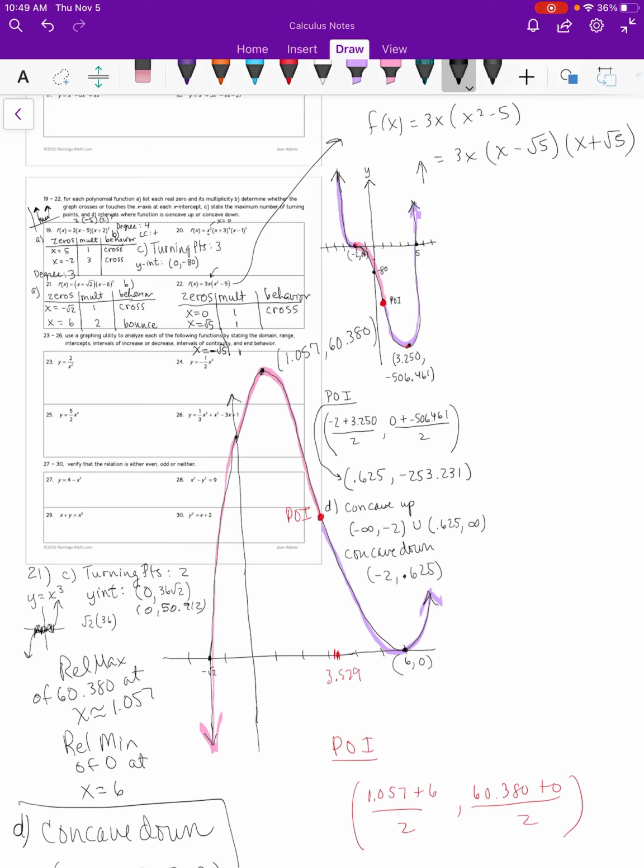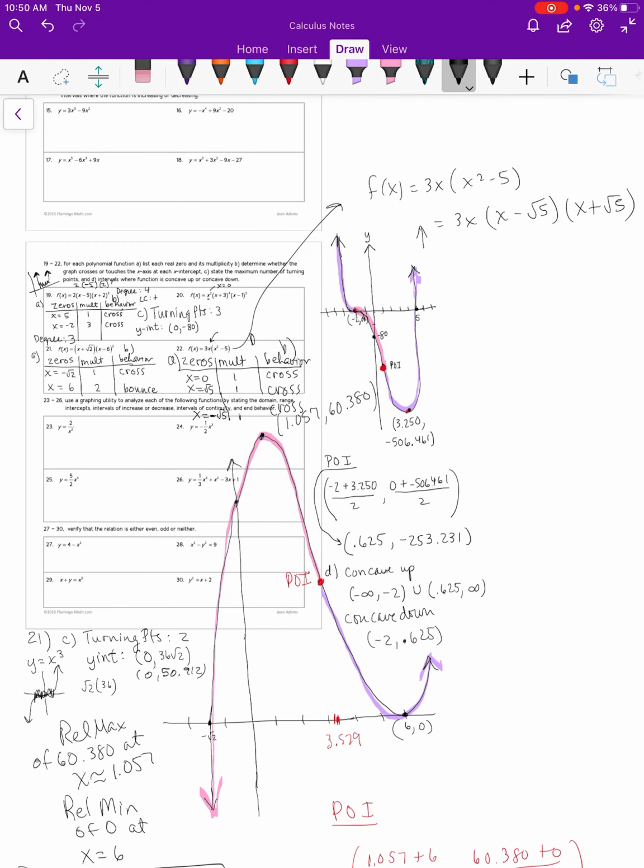And so once they're like that, then they have a multiplicity of 1. So they are going to cross for both of those. So there's your A, there's your B. The total is degree of 3.